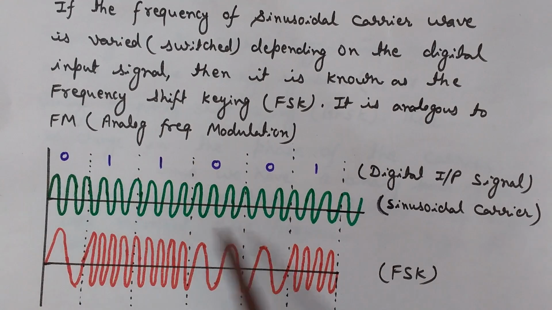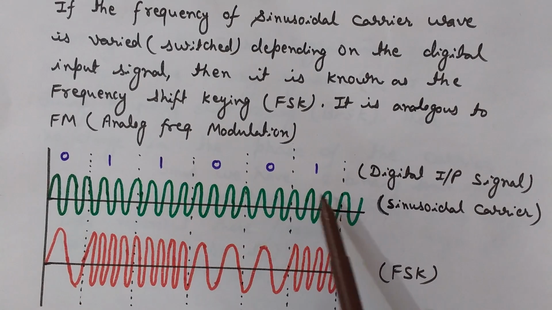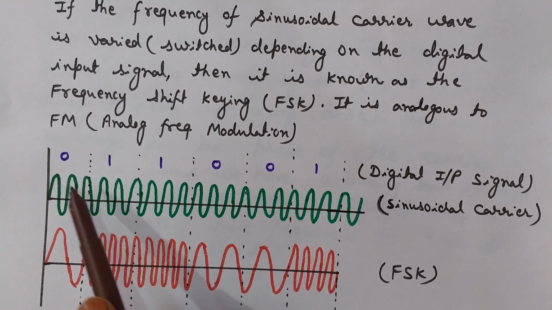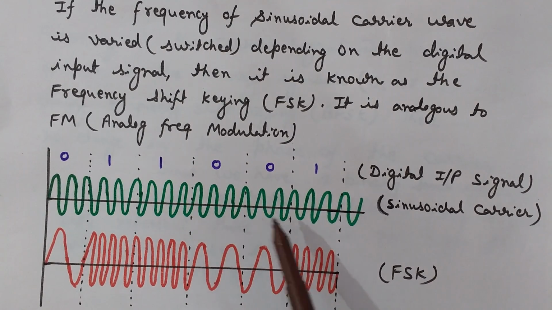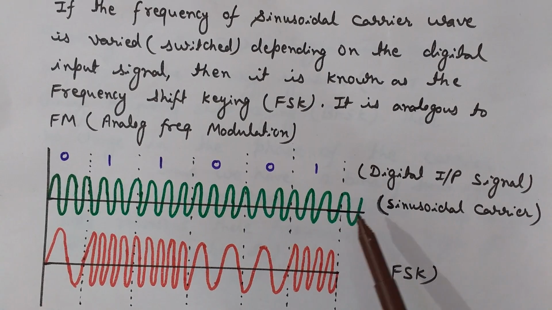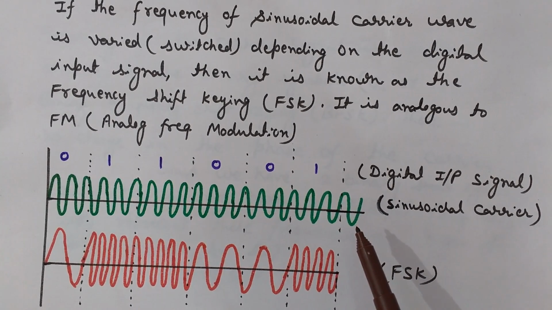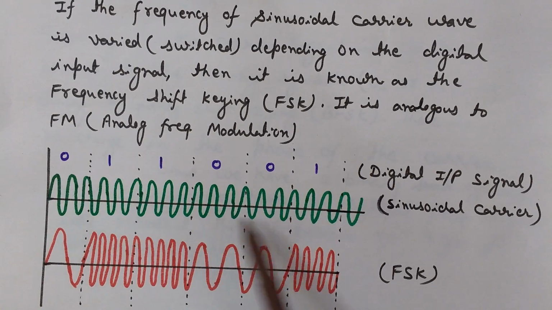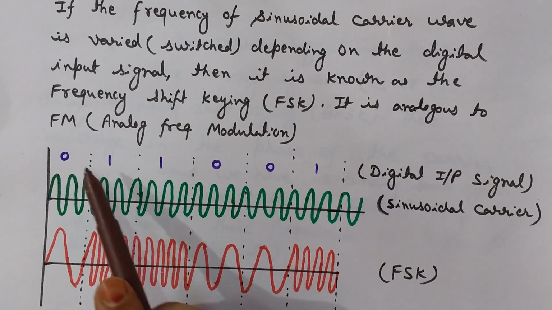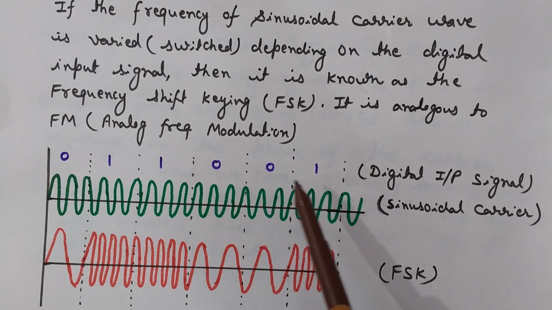As you can see here, this sinusoidal carrier wave has constant amplitude and constant frequency. Its frequency is not varying and its amplitude is also constant. But after modulation, when we do FSK, we just switch the frequency of this carrier wave as per the digital input stream of zeros and ones.